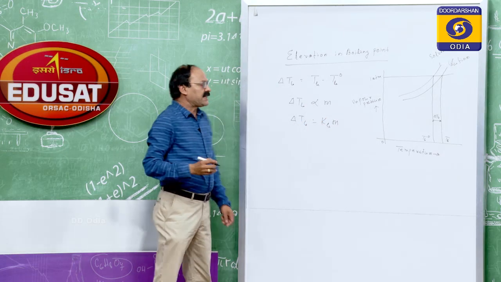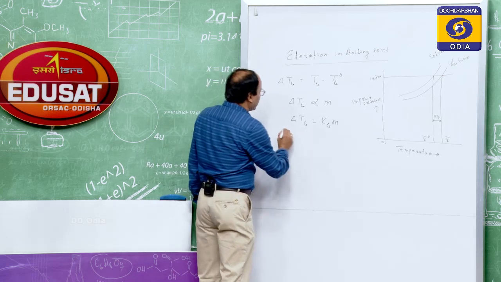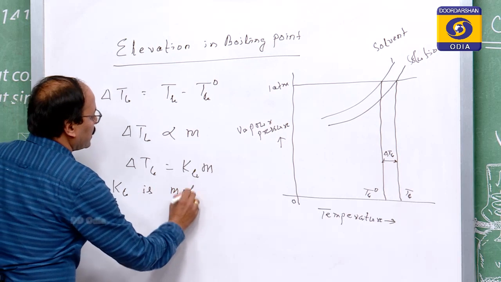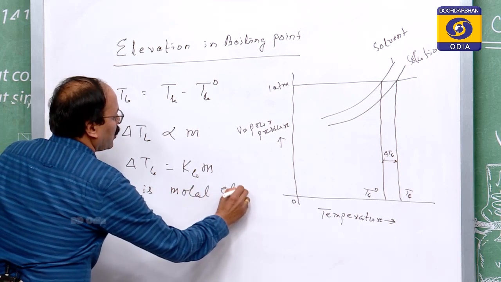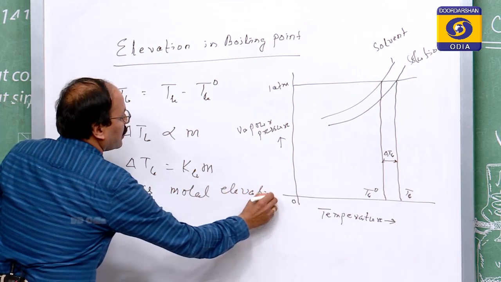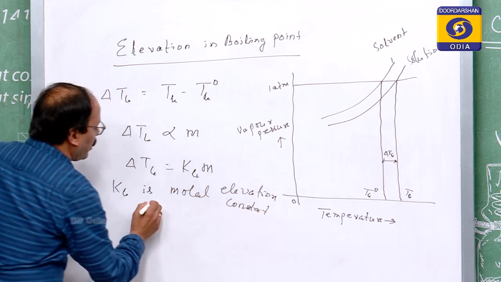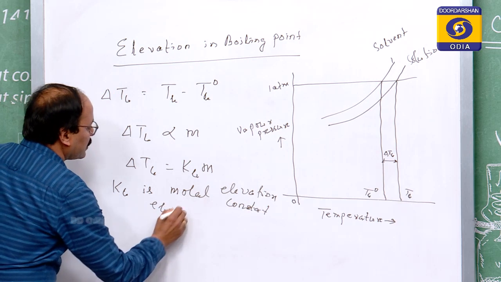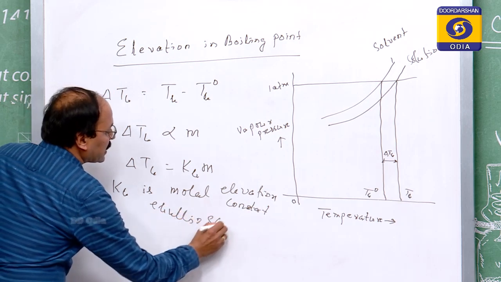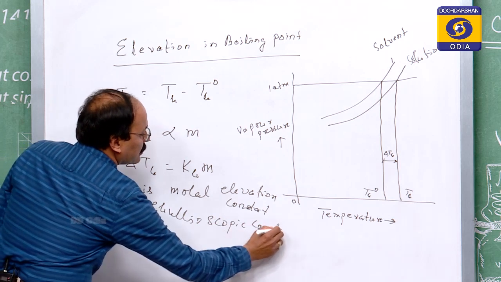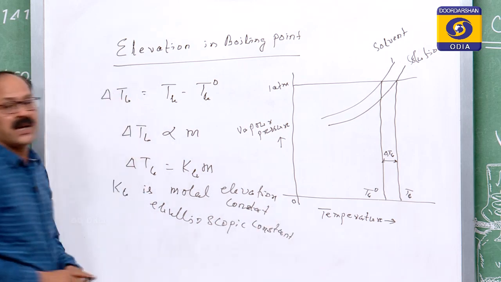What is K B? K B is the molal elevation constant, or we can call it the ebullioscopic constant.